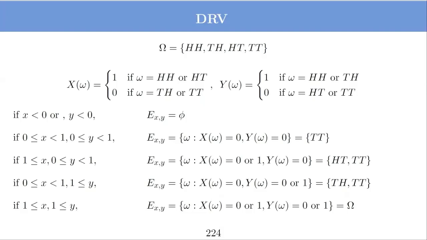The answer will be HT comma TT. Similarly, you can take y more than 1 and x between 0 and 1, and you get TH and TT as a pre-image. And if x and y are both more than 1, then X(omega) and Y(omega) can both take 0 and 1. So in that case, the pre-image will be just the complete sample space, capital Omega.